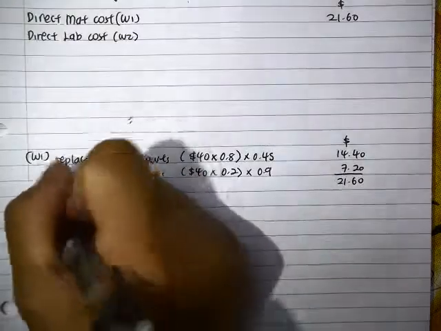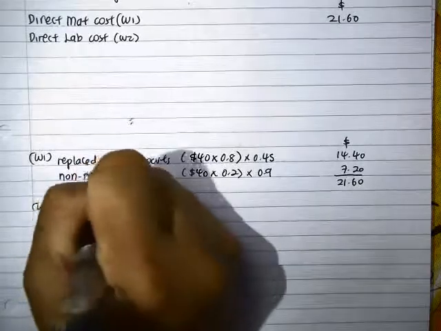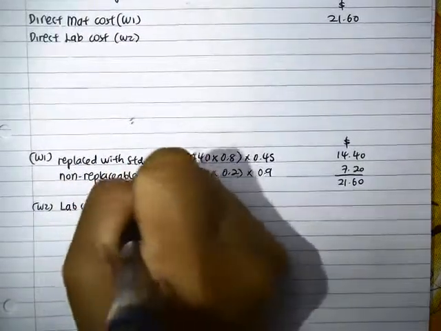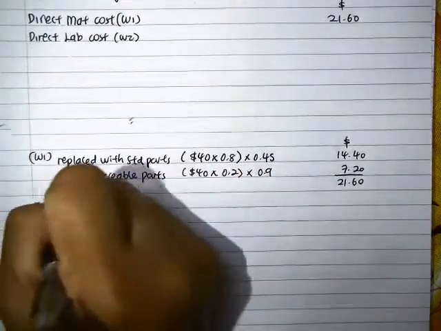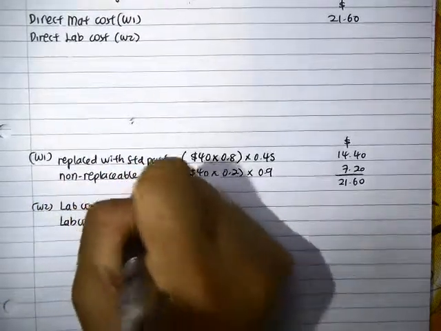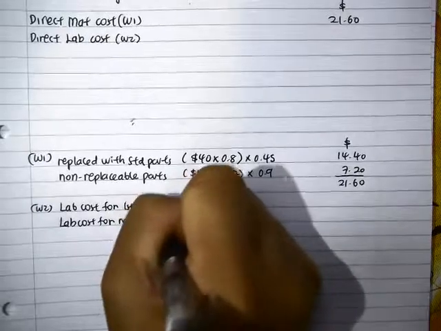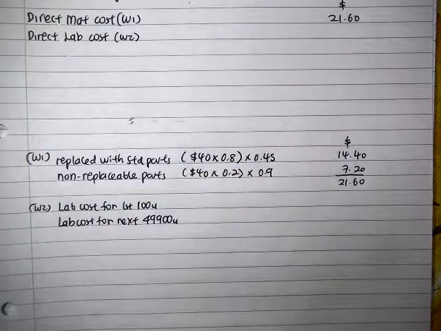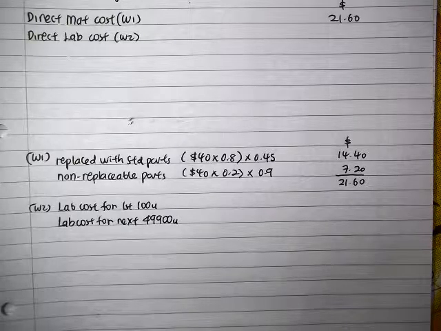So the labor cost for the first 100 units, and labor cost for the next 499 units, because the first 100 got learning. After that, no learning. Then you calculate the total and you average out.